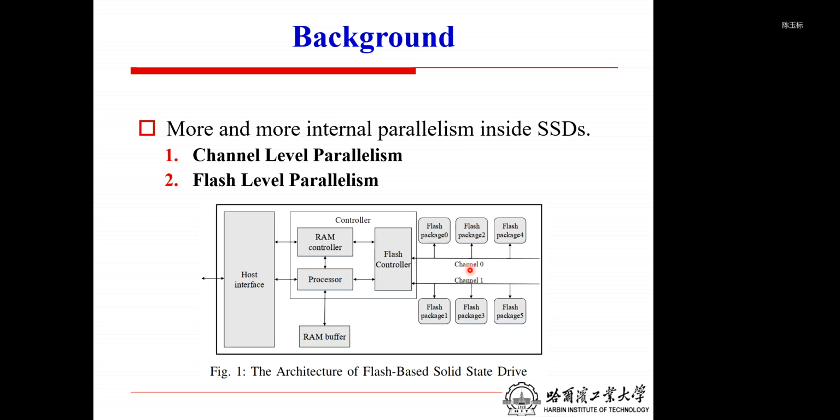Each channel is connected to many flash packages, and each flash package also works independently. Therefore, there are at least 2 levels of parallelism. The first is channel-level parallelism, and the second is flash-level parallelism. It provides a new opportunity to speed up external algorithms on SSDs.